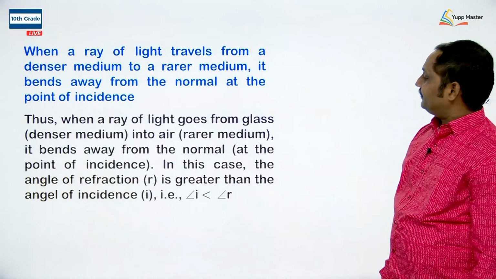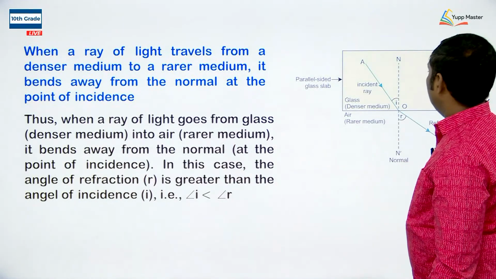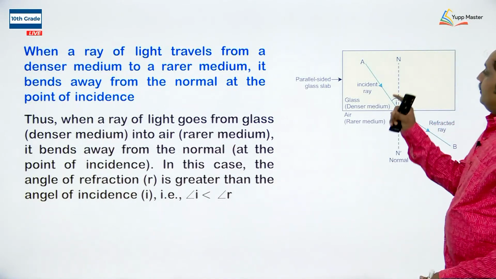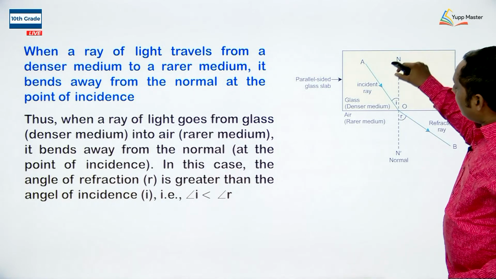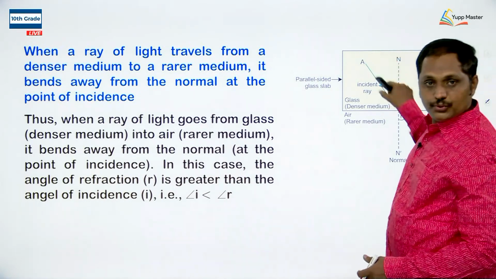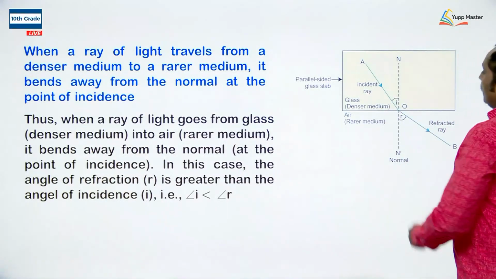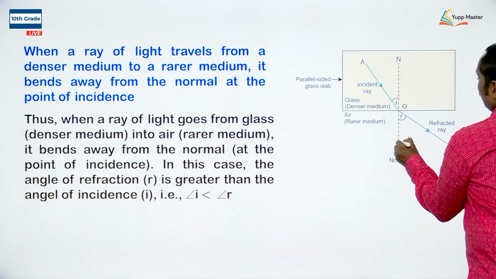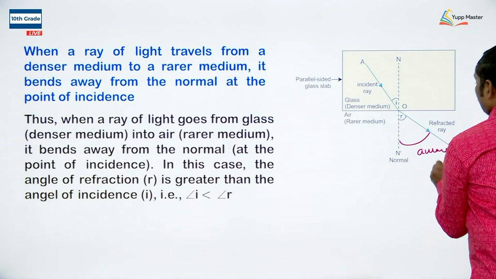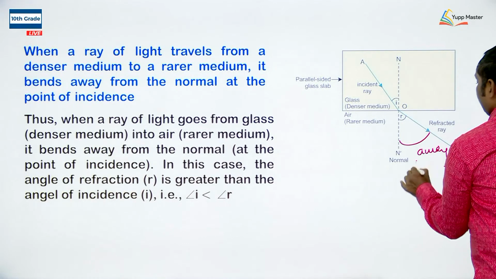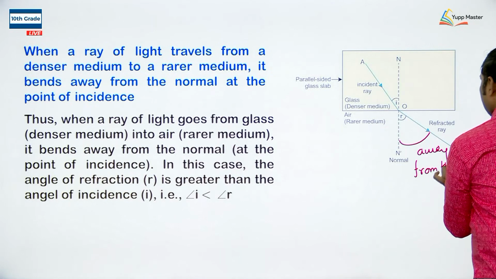Let us see that in the diagram. This is a glass material, and the light is allowed to travel from glass to the air medium. Here it is going to move away from the normal.